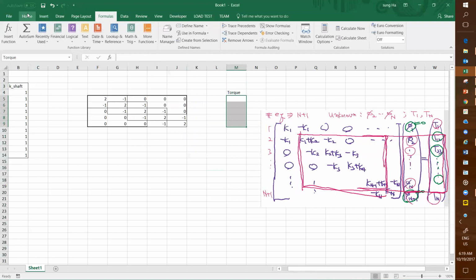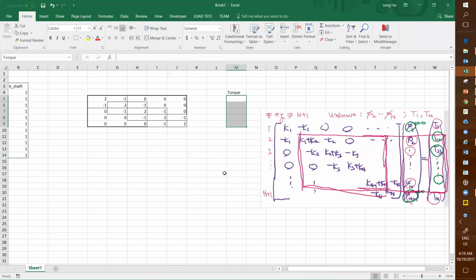Now the displacement, or rotation. This is the rotation. This will be rotations. Let's say we apply torque, all 1, at the junctions, and this rotation we can easily calculate by inverting this matrix.